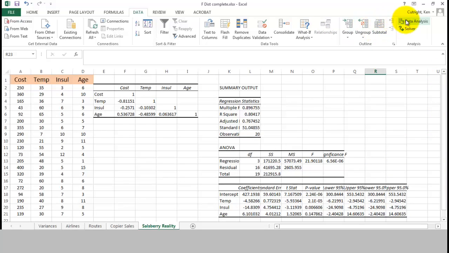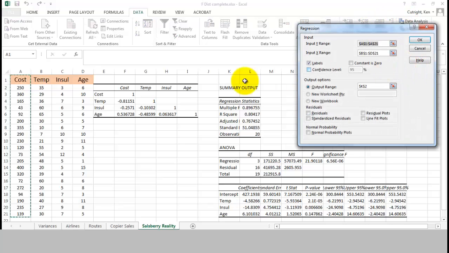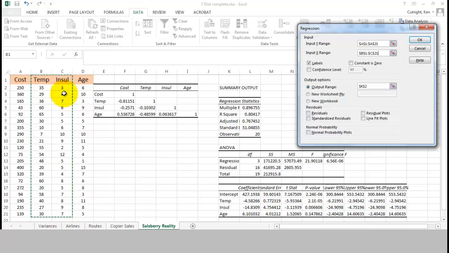So now I'm going to go back to Data Analysis. I'm going to go to Regression. The dependent variable remains the same, but this time I do not want to include age in my independent variables. So I take age out. Now, by the way, if age was in the middle here, we'd actually have to delete it and put temperature and insulation together.